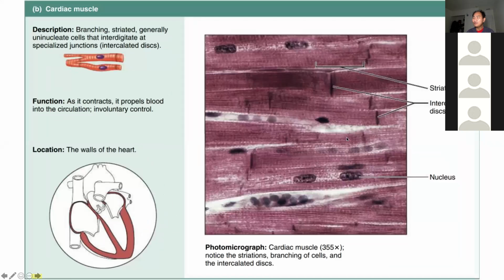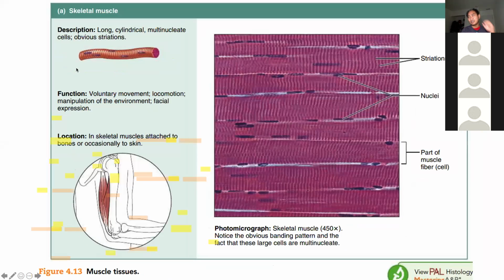And this is so branching and joining. And this is therefore, cardiac mast cell tissue is striated mast cell, but they do branch, they do join, and they are specialized. They are just for the heart. So the cardiac mast cell tissue will form the heart. So there is a difference here. You can even see it is not as big as the skeletal mast cell tissue, and you can see they're either branching or joining to each other, comparing to the skeletal mast cell tissue.